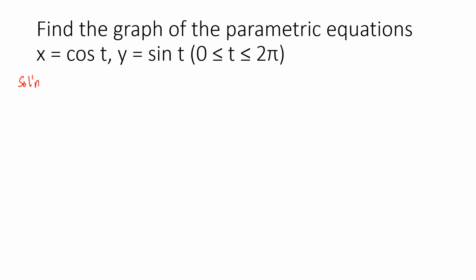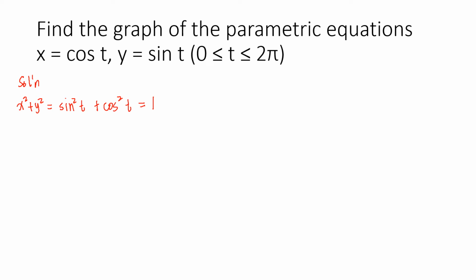Since x is equal to cosine t and y is equal to sine t, we note that x squared plus y squared can be written as cosine squared t plus sine squared t, which is equal to 1. Thus, the graph is contained in the unit circle x squared plus y squared equals 1.